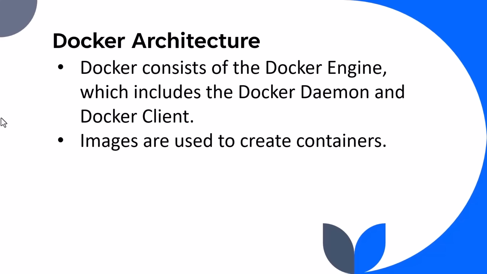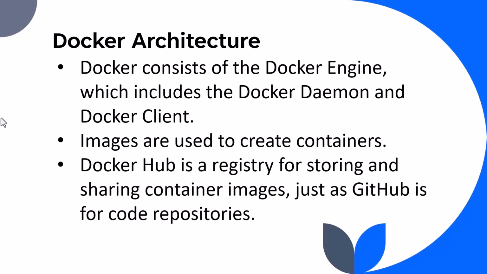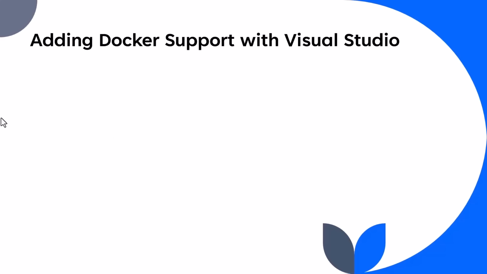So images can be likened to types or classes, whereas containers are the objects created out of them. And DockerHub is a registry for storing and sharing container images, just as GitHub is for code repositories.